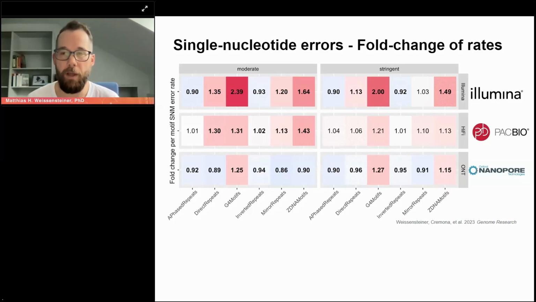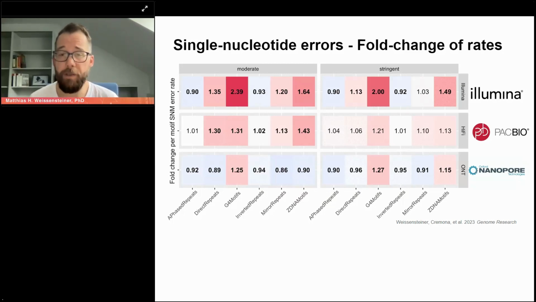And so this might lead to the pattern that only in the G4 motifs we have this increase of error rate in motifs compared to controls. In the stringently filtered set, that's still visible and actually a little bit increased. And then we also have this increase in error rate in the zDNA motifs.